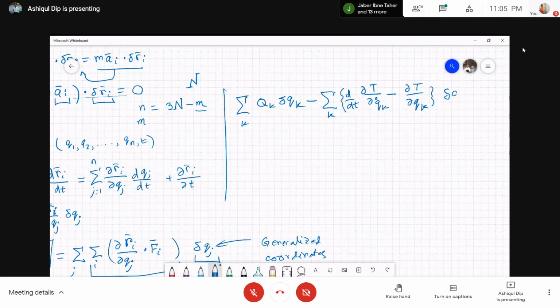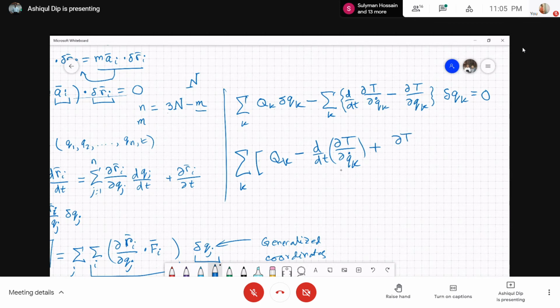So this thing goes to 0. We can factor out the whole variation δq_k and take the sum over k of the whole thing: Q_k minus d/dt of ∂T/∂q_k dot plus ∂T/∂q_k, and then the variation δq_k.